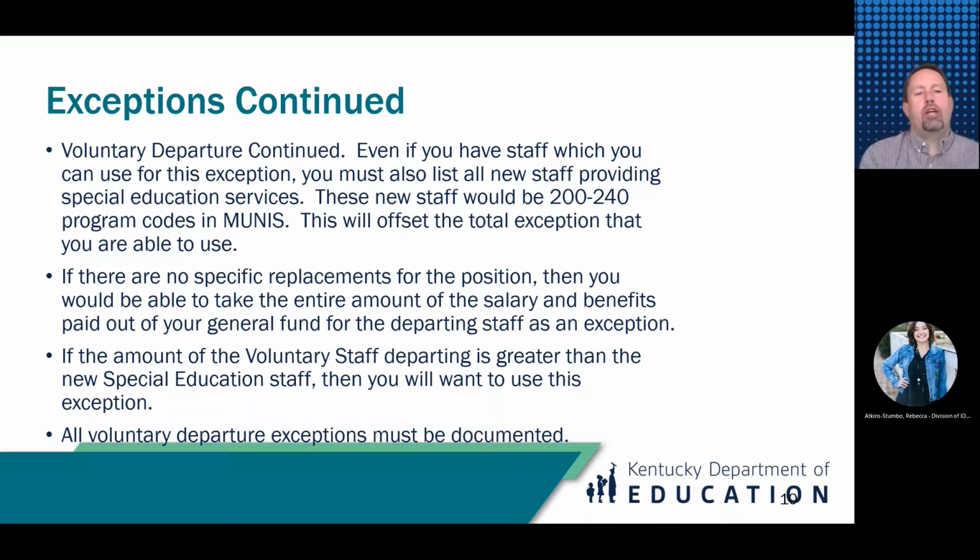And if they retire, let's say they retire June 30, and then July 1, someone else takes their same specific position, then you would be able to use the salary and benefits of the person that left that was paid out of your general fund. And then for the person that replaced them in their exact position, you would have to put their salary in as an offset or replacement. And typically the person going out is making more than the one coming in, so it's still going to help you.